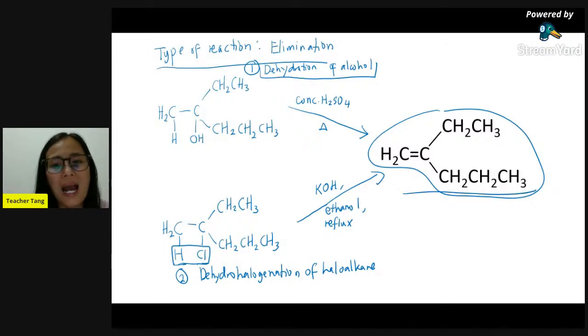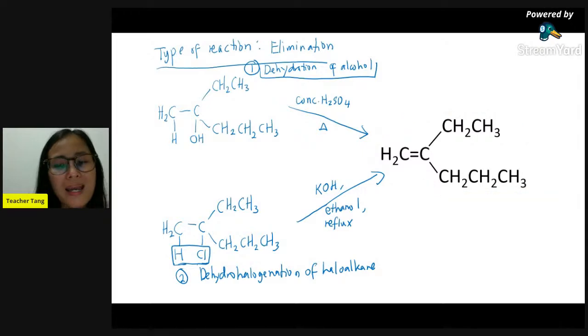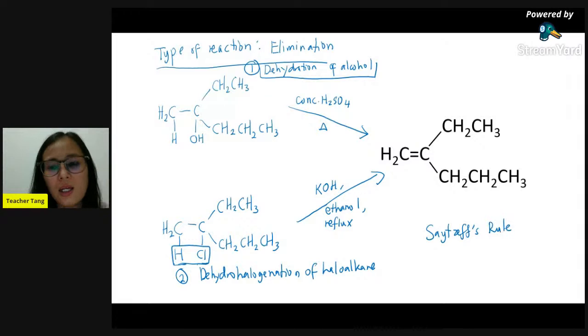And then remember that to determine whether major or minor products are formed, it is determined by Saytzeff's rule. Saytzeff's rule stated that in the elimination reaction, the alkene produced will be the major product if the alkene is more stable, and the more stable alkene is the more highly substituted alkene.